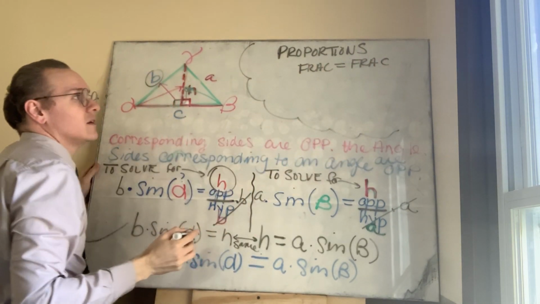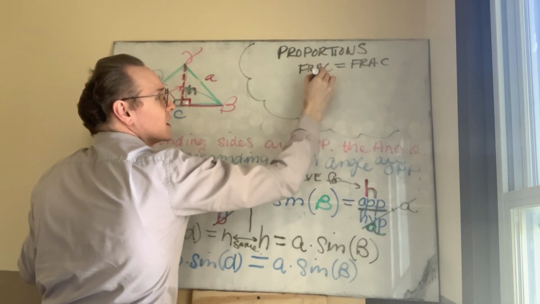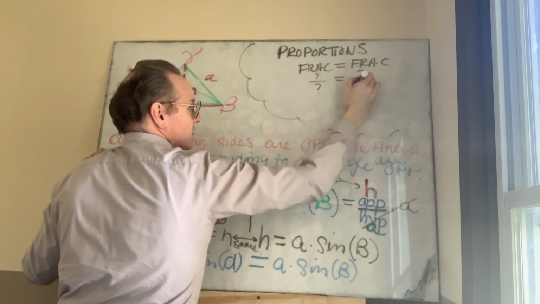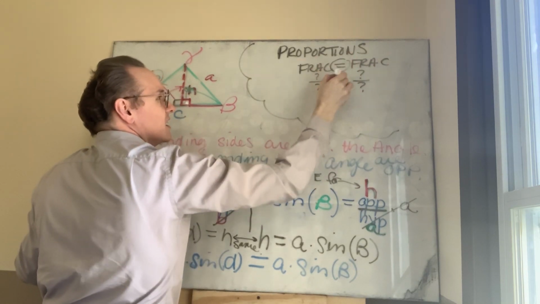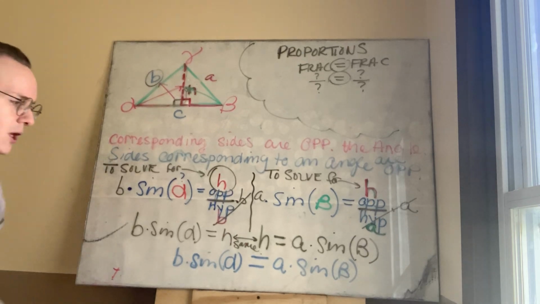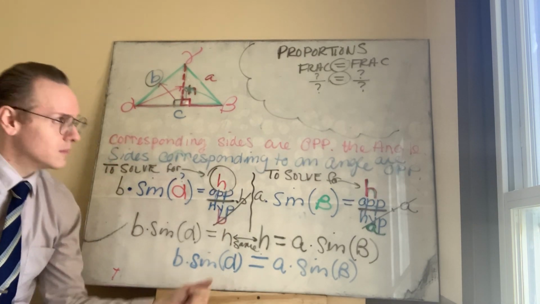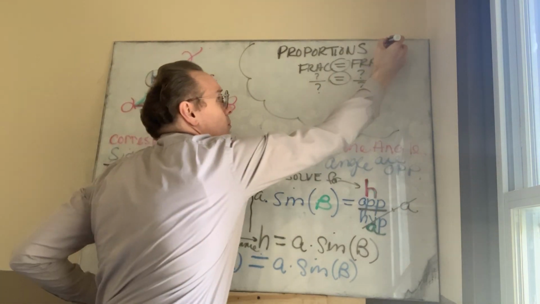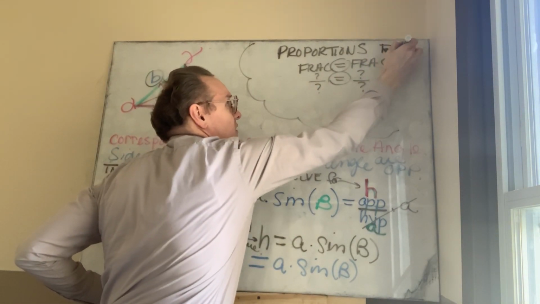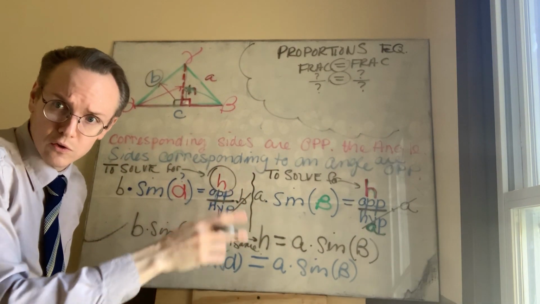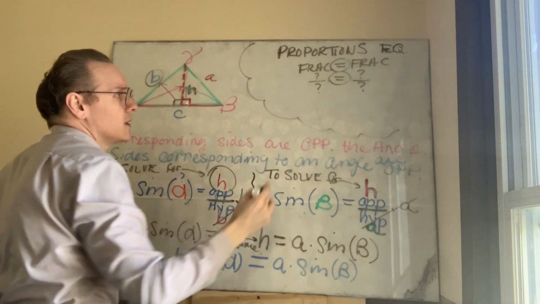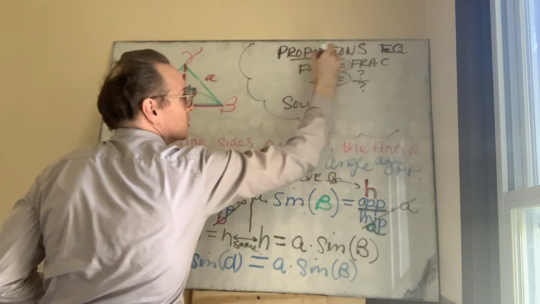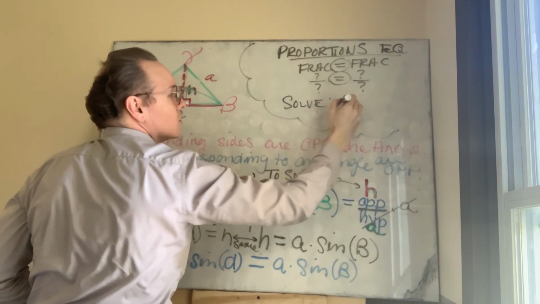So if it's a fraction, that means that it has a top and a bottom. And the second fraction similarly has a top and a bottom. But more importantly, it's an equation. We have all the parts here to basically create something like that. And the advantage to having a proportions equation is that we have a very simple technique to utilize it. Basically, to solve a proportions equation involves cross multiplying.